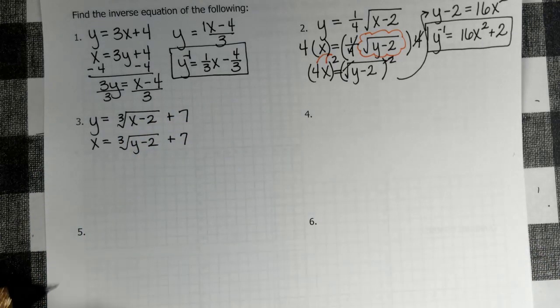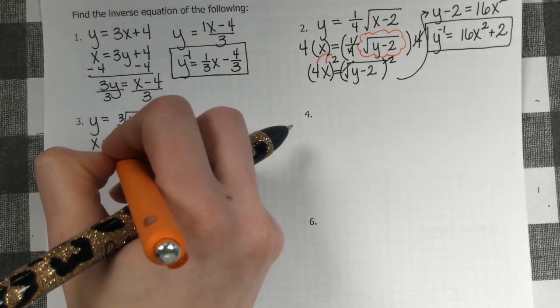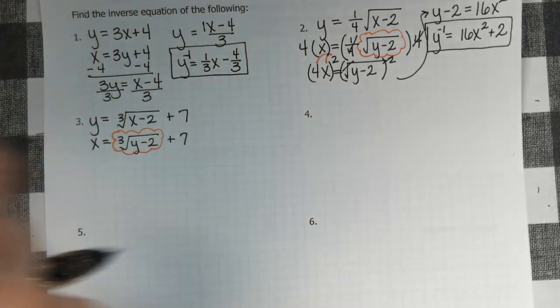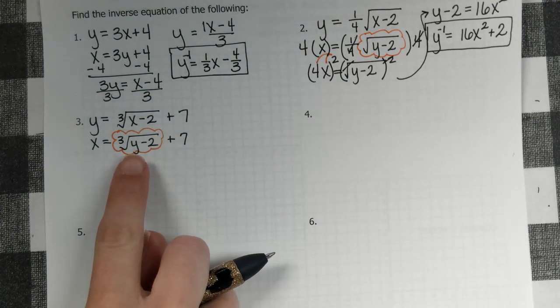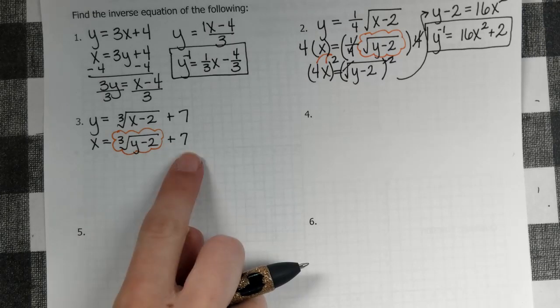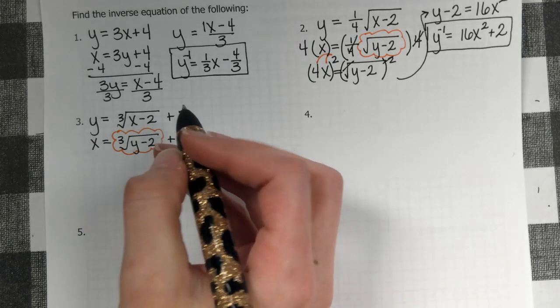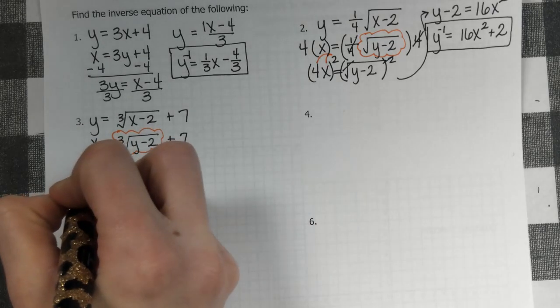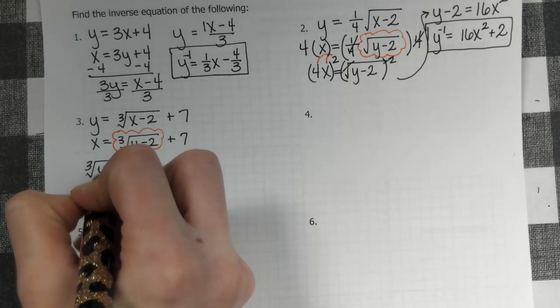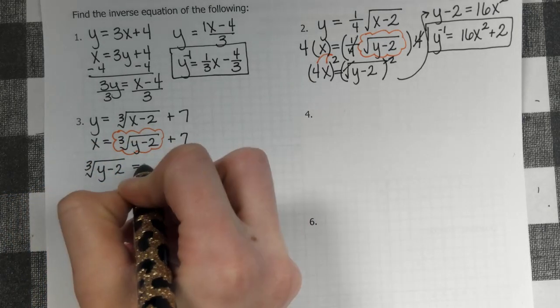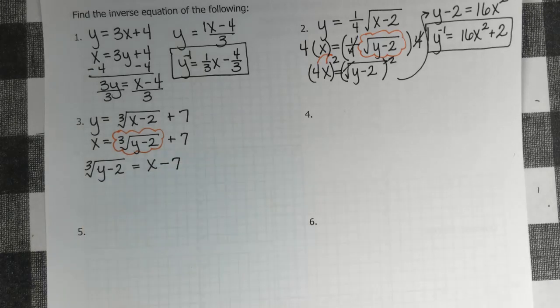I want the y by itself, but it is part of the radical. So if I want the radical isolated, what do I have to get rid of first? I need to subtract 7 from both sides. That leaves me with the cube root of y minus 2 equals x minus 7.